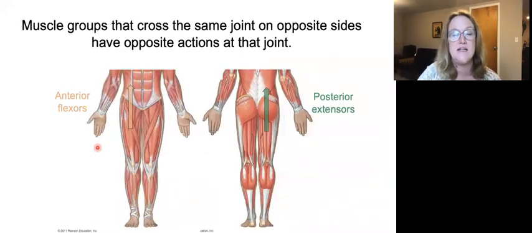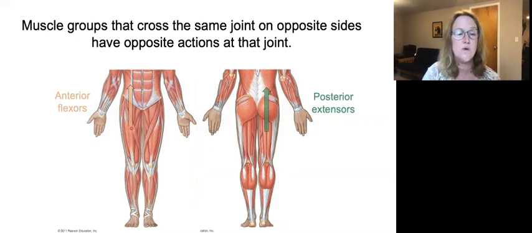So biceps and triceps is a good example of this next point. Muscle groups or muscles that cross the same joint on opposite sides of the joint are going to have opposite actions at that joint. So here are a couple of examples from the lower limb. Our hip flexors are located anterior to the hip joint, and our hip extensors are located posterior to the hip joint.